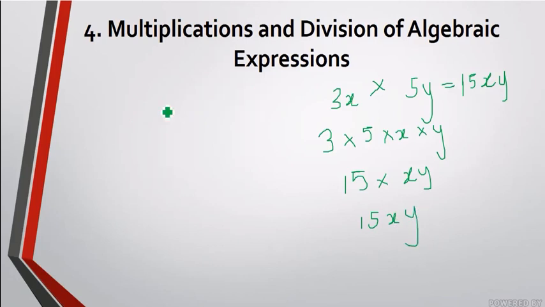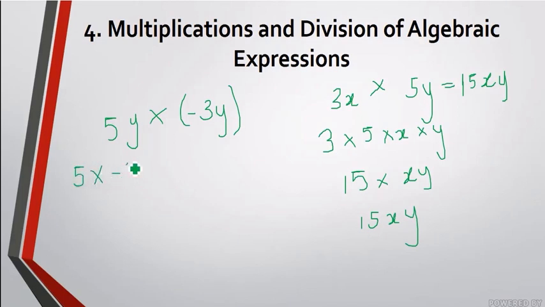Let's do another example. Let's look at 5y multiplied by minus 3y. So what is my approach? I'm going to separate my numbers and my terms. In multiplying real numbers and algebraic terms, it doesn't matter the order in which you multiply the terms. So let's separate our numbers from our terms.